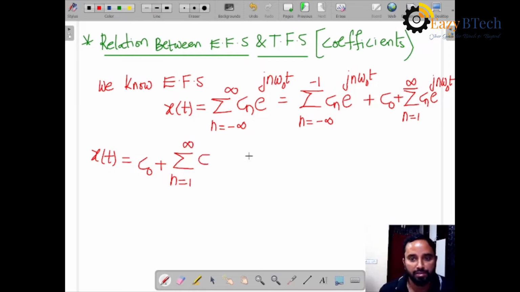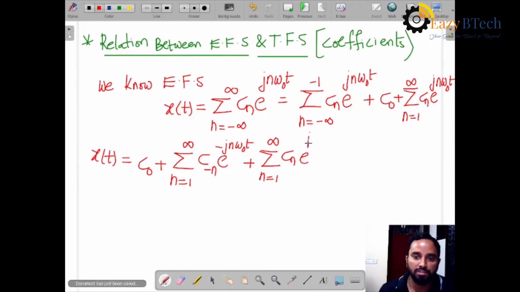Here we have Cn, it will become C minus n, right? And e to the power jn omega naught t becomes minus jn omega naught t, plus again the second summation 1 to infinite Cn e to the power jn omega naught t.